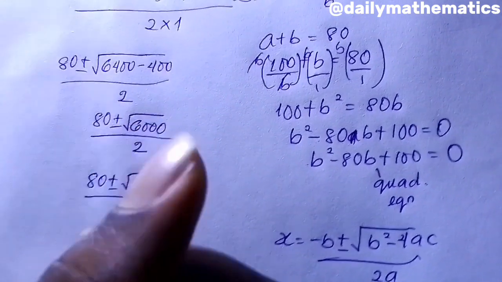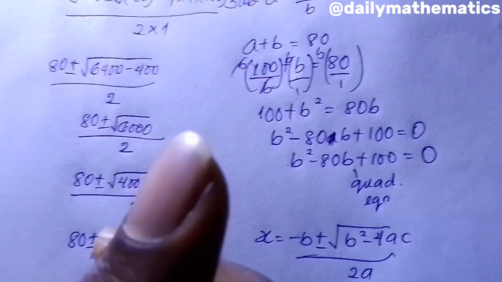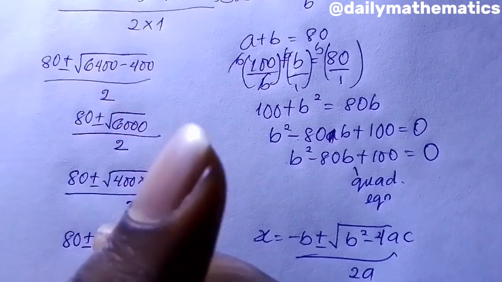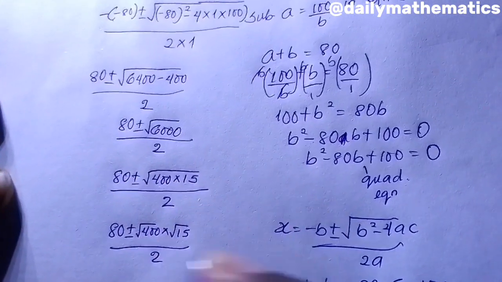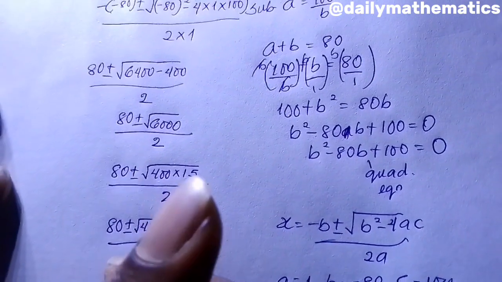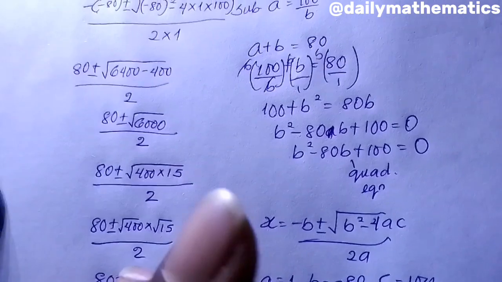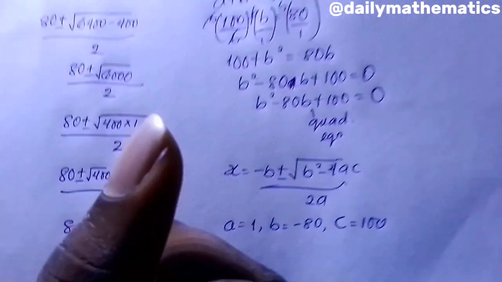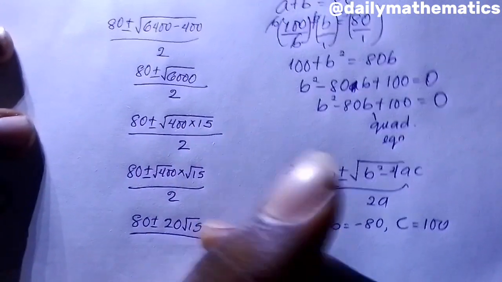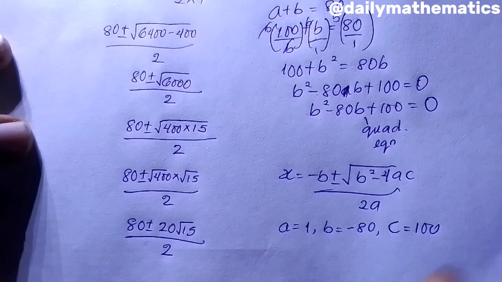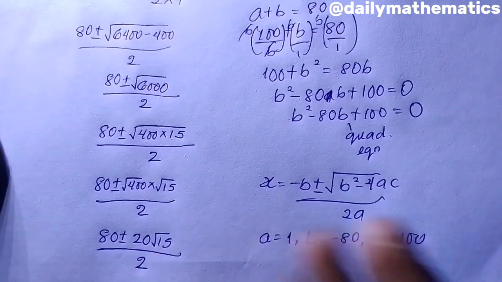Now from here we can separate it: the square root of 400 times the square root of 15, over 2. So we have 80 plus or minus the square root of 400, which gives us 20 root 15, over 2, right?